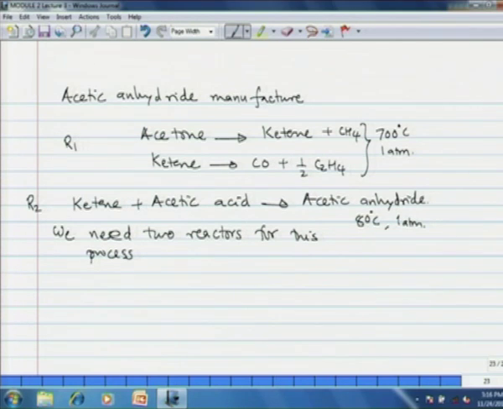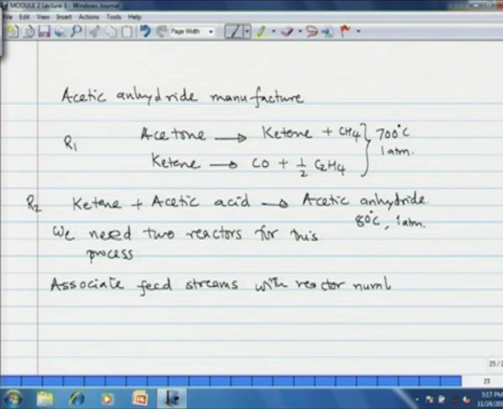Now, while designing a particular flow sheet, it is very useful to associate the reaction step with the reactor number, as we just did, and secondly the feed streams with the reactor number. Now, acetone will be fed to the first reactor, acetic acid will be fed to the second reactor. Similarly, we can also associate the components in the recycle stream to the reactor number.